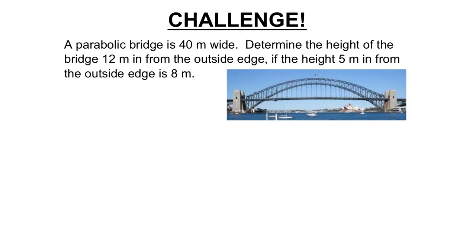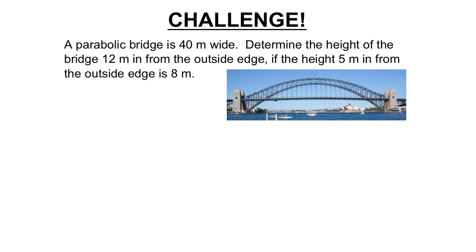If you're up for the challenge, you can try this challenge problem. A parabolic bridge is 40 meters wide. So here's the bridge. It's 40 meters from one side to the other. Determine the height of the bridge 12 meters in from the outside edge, if the height 5 meters in from the outside edge is 8 meters.